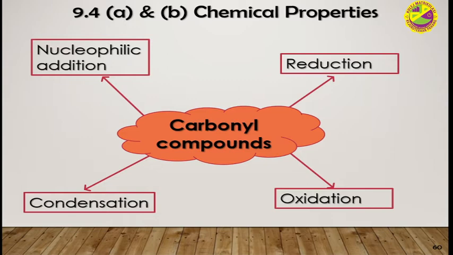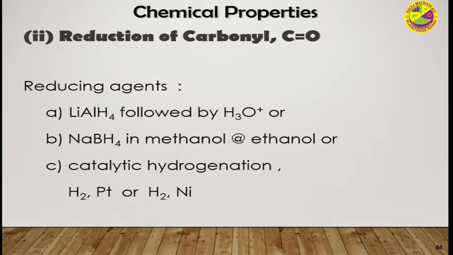The first one is the reduction of carbonyl, C double bond O. The reducing agents are LiAlH4 followed by H3O+, or NaBH4 in methanol or ethanol, or catalytic hydrogenation, hydrogen with Pt or hydrogen with nickel.